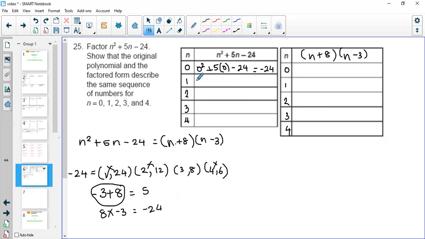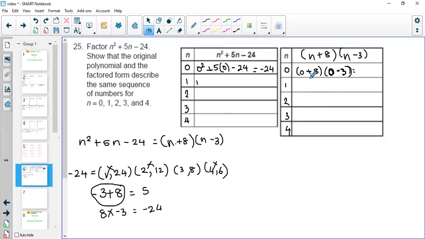So the next one, you're going to substitute here in this place, because when n was 0, we got negative 24. Let's check whether it's true for this as well. So this is going to be 0 plus 8, because I'm substituting 0 in place of n, and then 0 minus 3. We have already done a lesson where we multiply these kinds of factors.